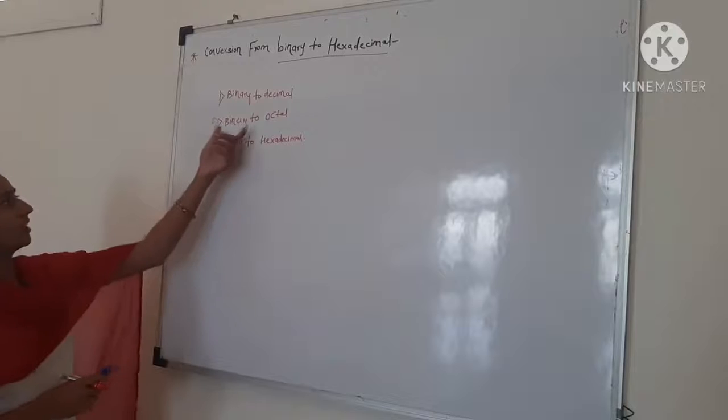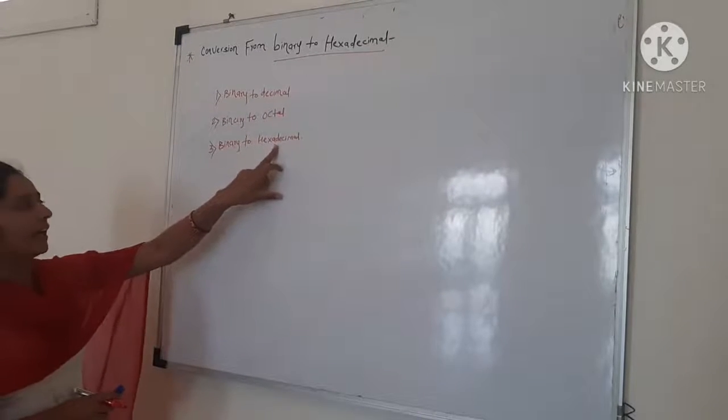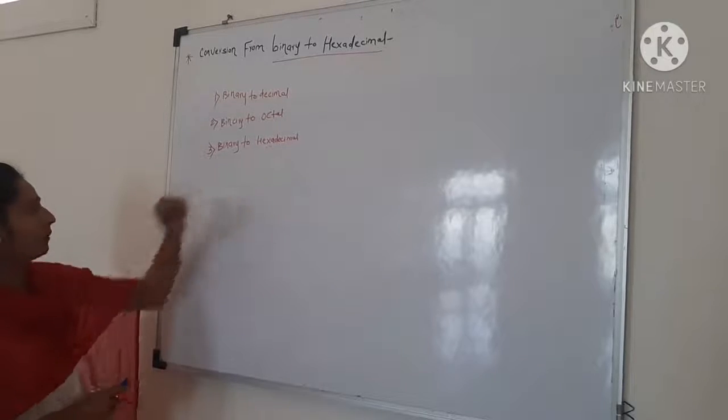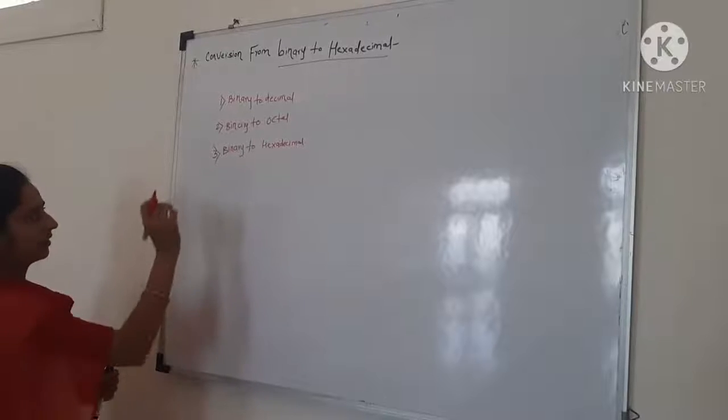So we have seen this conversion from binary to octal. The same method is applied for hexadecimal. Only one difference is there, that is the grouping of the binary number.